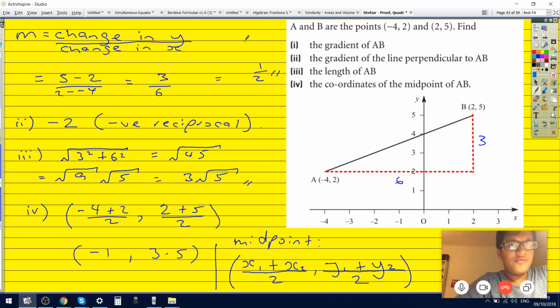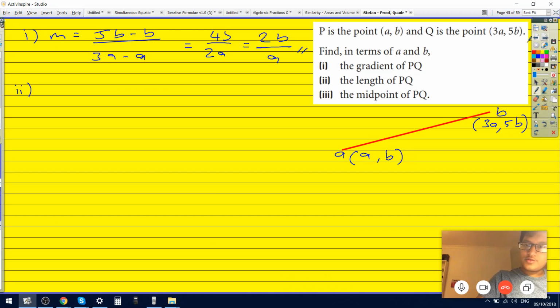It's 3 root 5. So what did we initially put into the square root? Root 45. Even before then, what did we put into it? 45. Now, what are the two numbers we put into the square root? What was the input? Right, 3 squared plus 6 squared. Okay, what was the gradient? 3 over 6. Okay, so you basically have 4b and 2a. Even simpler than 4b and 2a. Right, so 5b minus b over 3a minus a. That's less simple.